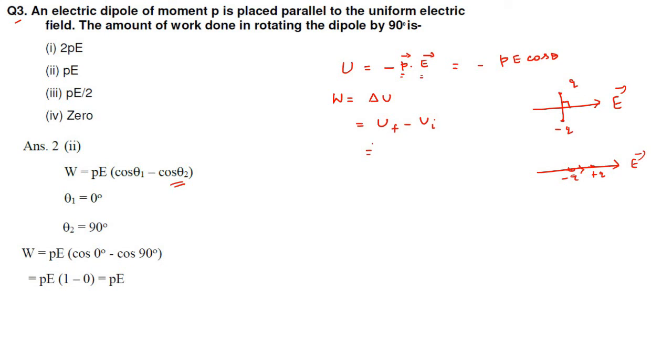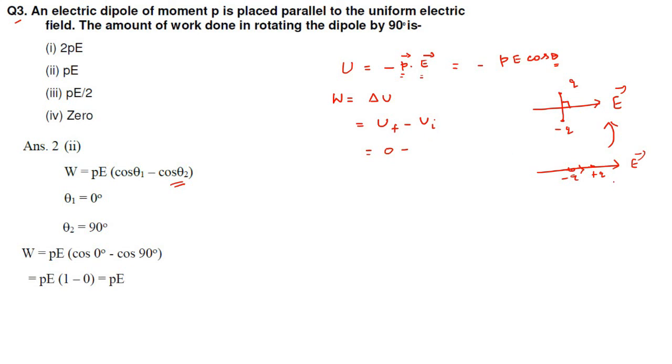Now in the final one you put theta 90, because theta is the angle between the electric field and the dipole moment, and you are rotating from this position to this position. Cos 90 is 0, so minus PE into 0 is 0, minus the initial.